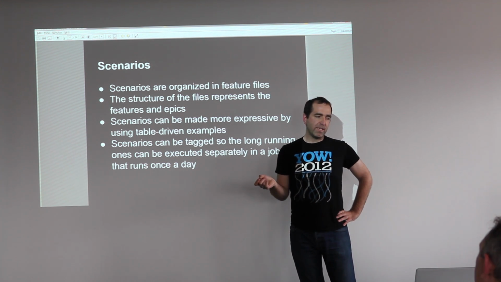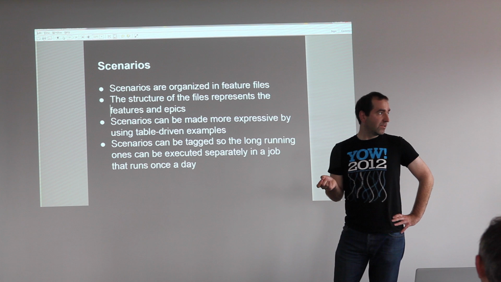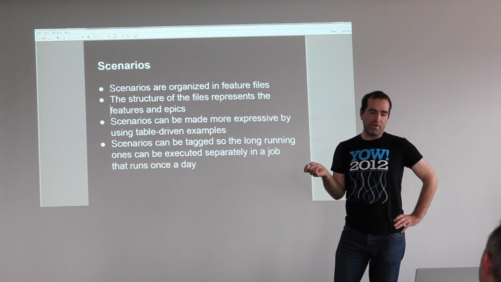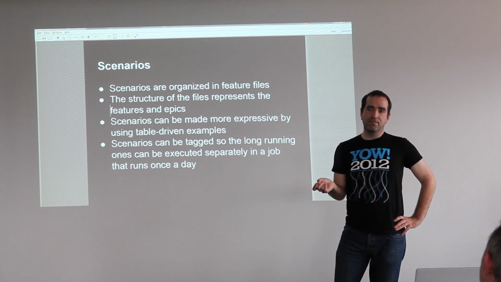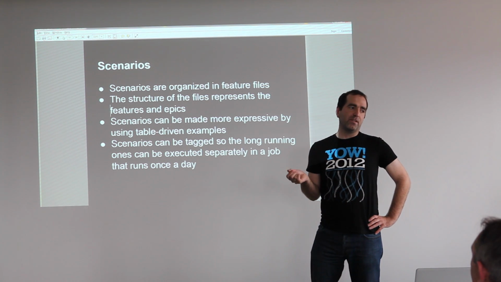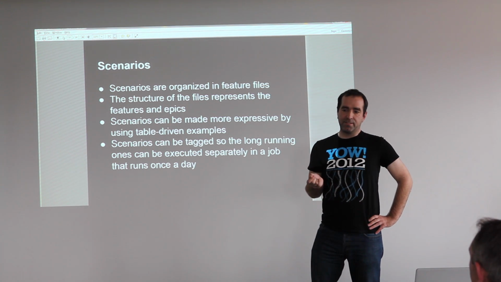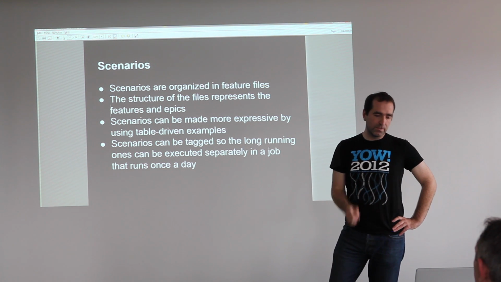This one is taking a long time, so then the executable can pick only a particular tag. And in the CI environment, you can run every time only the tests that take very, very short time.